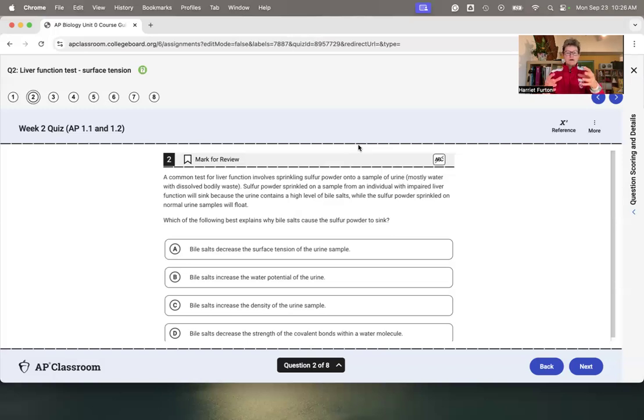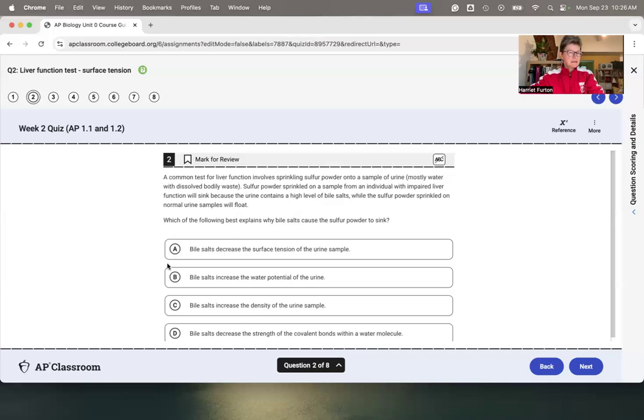In that case, many of the water molecules are going to bind to the salt ions, and fewer water molecules will be able to make hydrogen bonds with each other to have a surface tension. So the lower surface tension will not be able to hold the sulfur powder on top. Because of the low surface tension, the sulfur powder will go down.